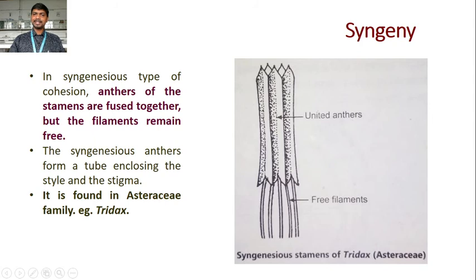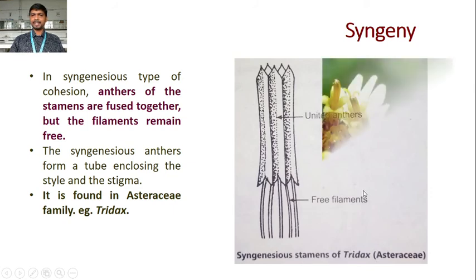Syngeny means there is a fusion of the anthers, but the filaments are free. So anthers of the stamens are fused together, but the filaments remain free. This union of the anthers forms a tube enclosing the style and the stigma. So this is the syngenesis anther, which is found in the family Asteraceae, for example Tridax.